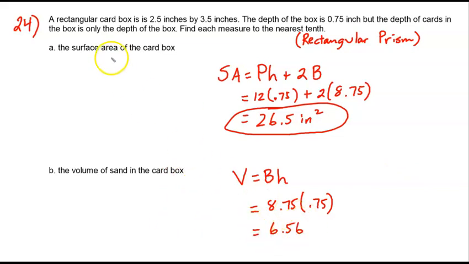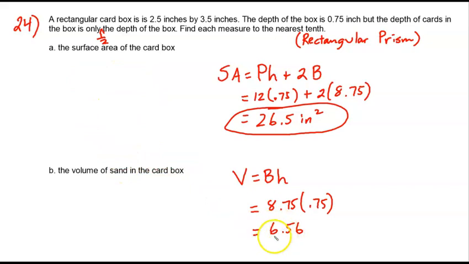I just noticed when I copied this problem over from the online book, that there's a fraction missing. So your problem reads the depth of the box is 3/4 inch, but the depth of cards in the box is only 1/2. So somehow when I copied this over, that 1/2 did not carry forward.